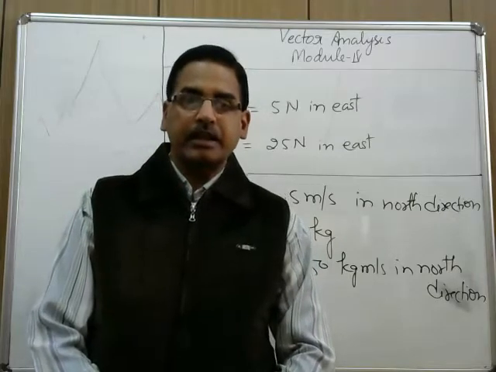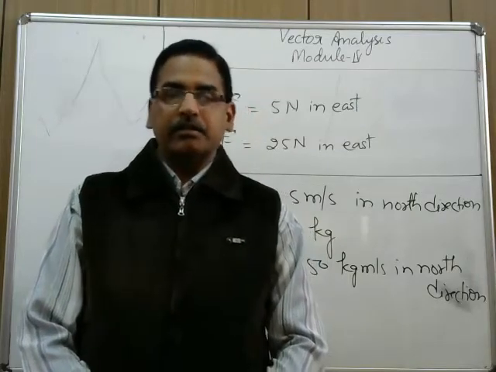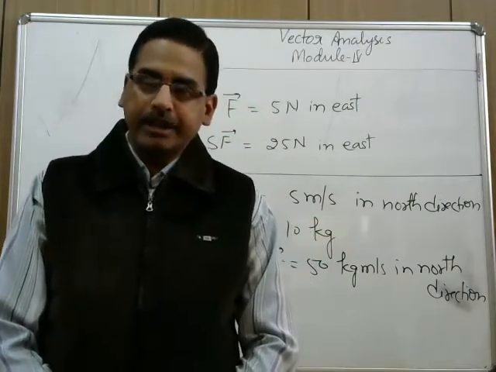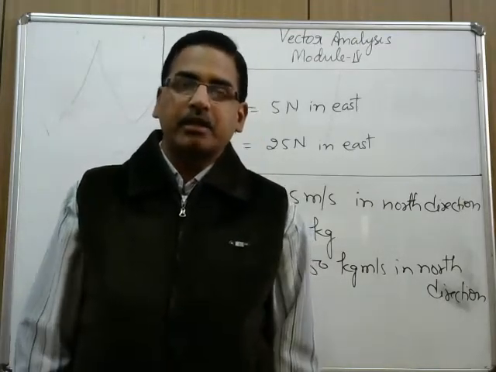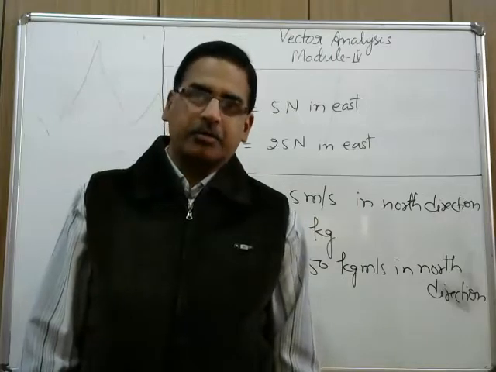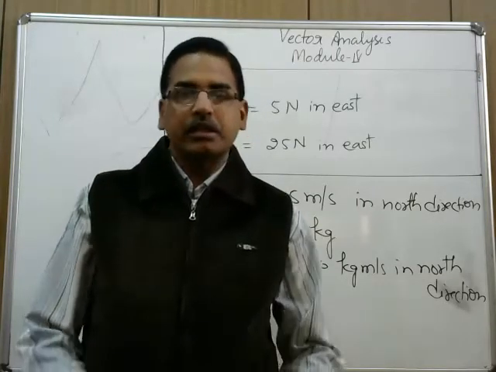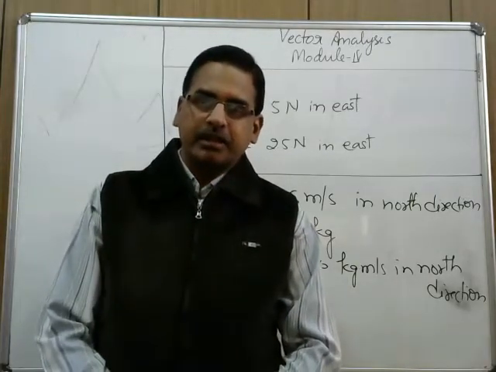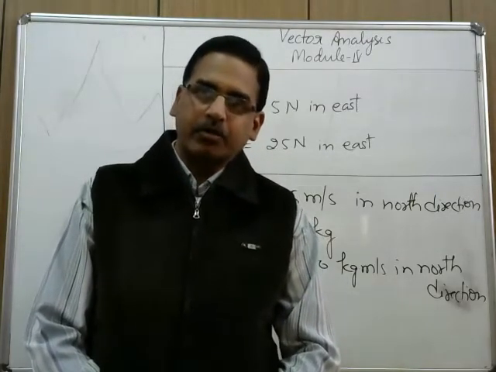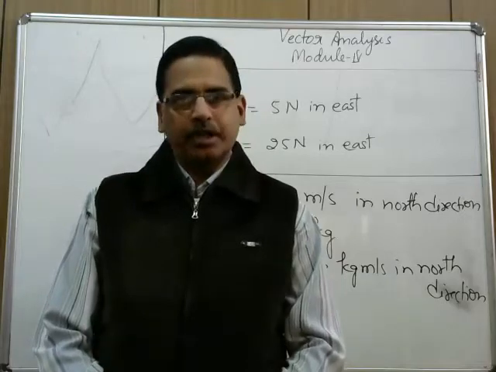But when two vectors are multiplied and the resulting quantity is a vector quantity, then the product is called vector product or cross product. First, I will discuss the multiplication of two vectors resulting into a scalar quantity, that is scalar product.